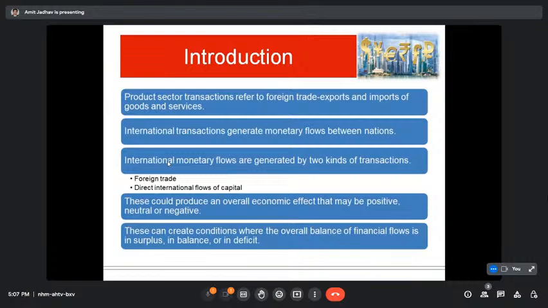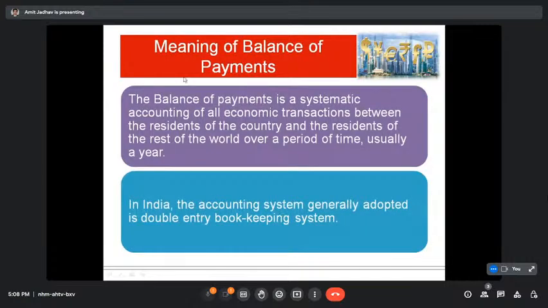Similarly, we have the deficit. A deficit is when imports are greater than exports, or capital outflow is greater than capital inflow. In such a situation, a country can face a deficit problem in its international transactions.